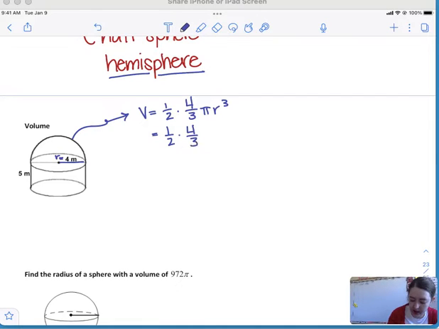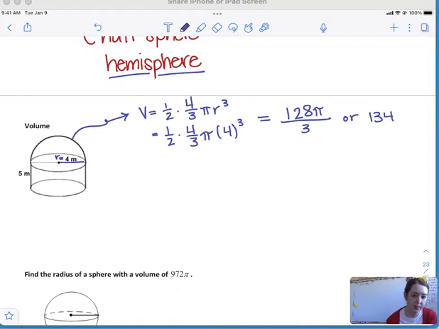So we've got 1/2 times 4/3 pi times 4 cubed. So that top piece is going to end up being 128 pi over 3, or pretty much 134 if you turn that into a decimal.